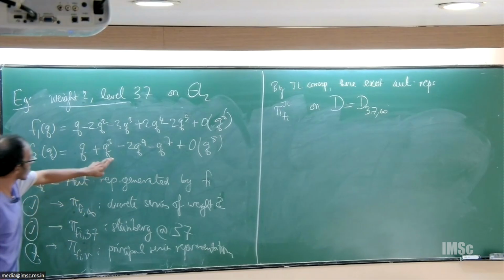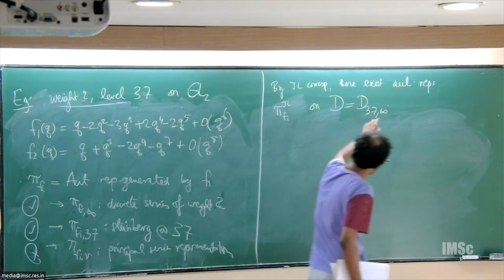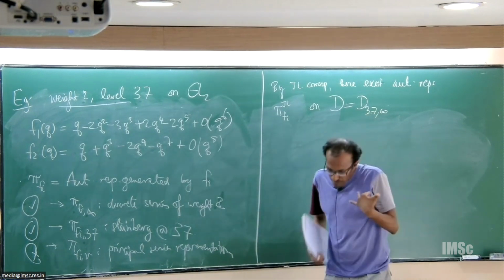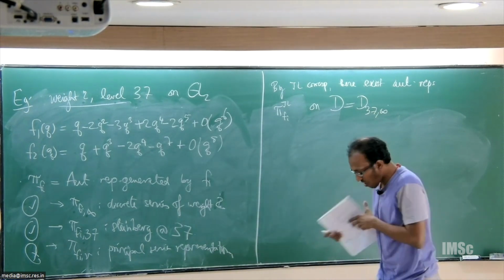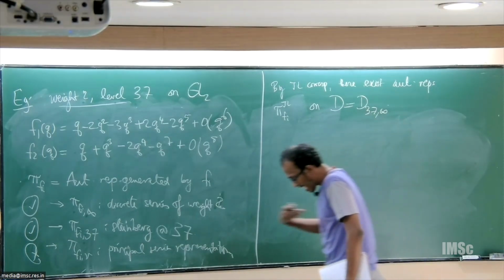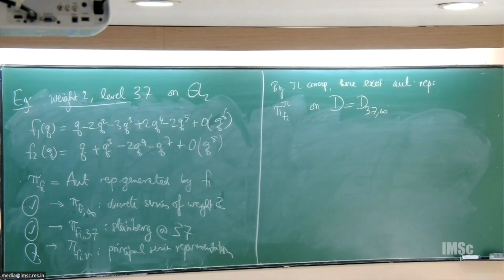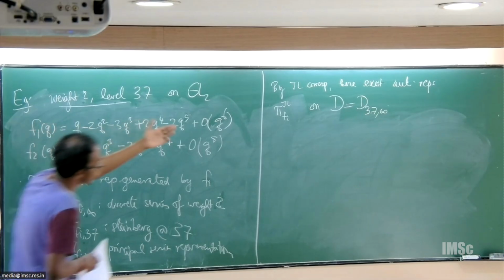Just as you can visualize automorphic forms on GL_2 via their q-expansion, you can visualize an automorphic form on a quaternion algebra as functions on the symmetric space associated to D. But because D is ramified at infinity, it's actually a very simple thing. It's simply a finite set, the symmetric space associated with this.